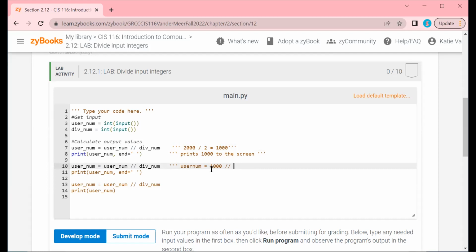It's the same thing. And that, of course, 1000 divided by 2 is 500. There's no decimal there. So 500 gets printed to the screen here.